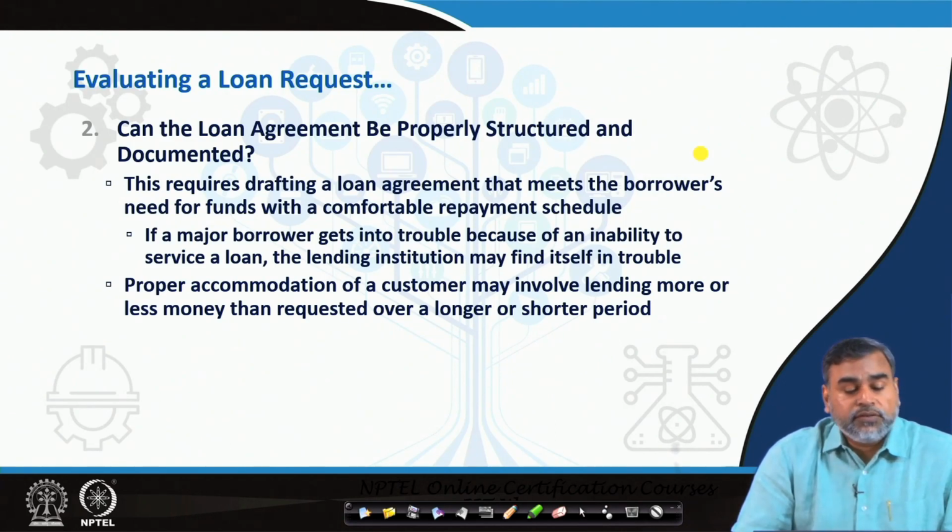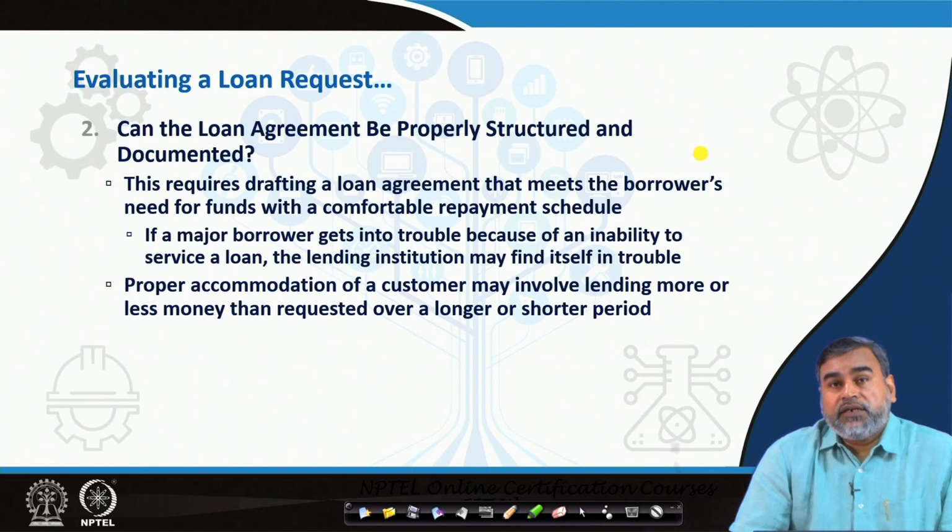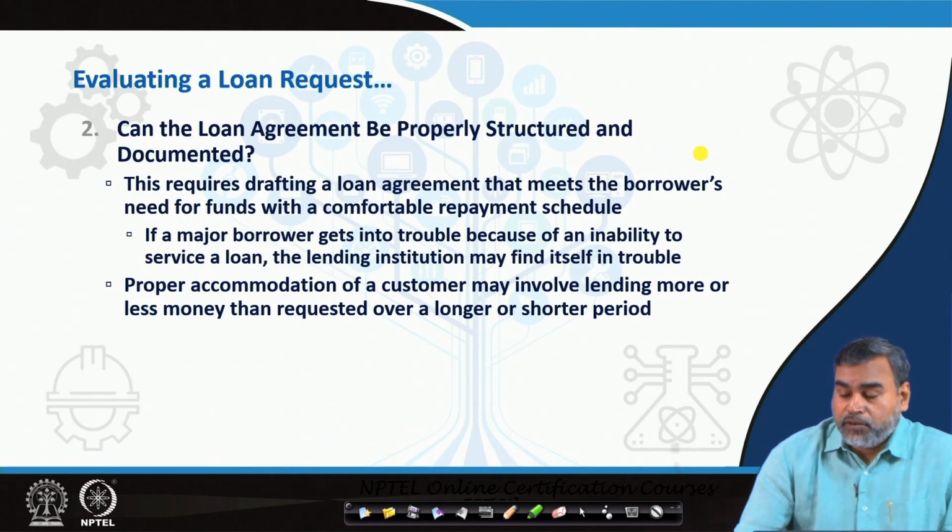Poor accommodation of a customer may involve lending more or less money than requested, over a longer or shorter period. Therefore, proper drafting is required, looking at the perspectives of both lender and borrower. By that, both stakeholders' interests can be considered while providing the loans to them.